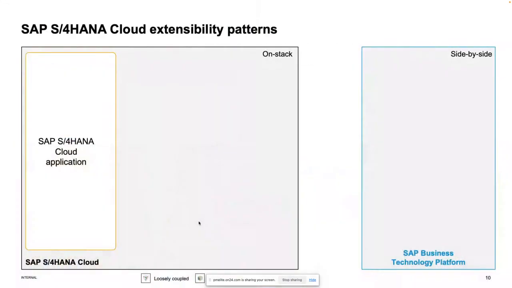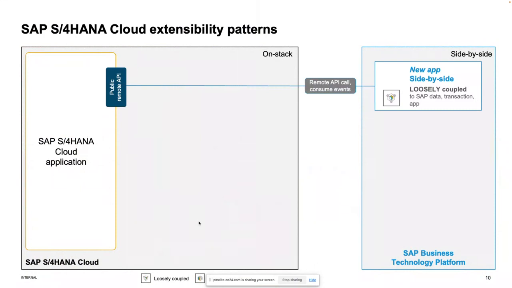So, extensibility options with ABAP Cloud. We have, of course, the side-by-side extensibility for loosely coupled applications. So if you have something which you can build next to it, side-by-side is a good idea, because you also have a separation of the system.